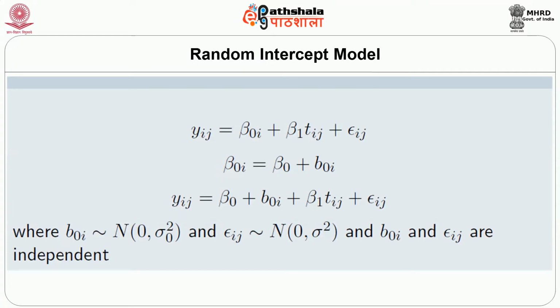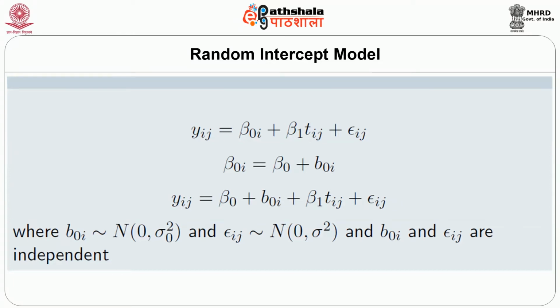The effect of the ith individual is coming from the term b_0i. So, b_0i is nothing but the random intercept, and epsilon_ij is the random error.